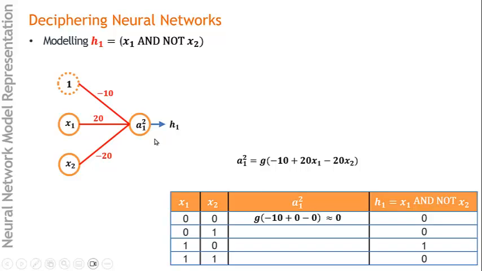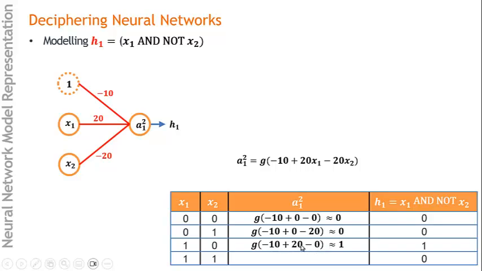I could just make this minus 1, 2, and minus 2, but then the g of minus 1 is not so close to 0. But with these big weights, g of this output is going to be very, very close to 0. Right? How about 0 and 1? Well, you can work out the formula again. It's going to be even smaller. No, sorry. How about this case?